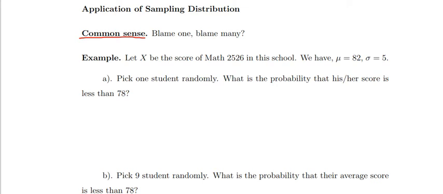Suppose we let X be the exam score for Math 2526 in this school. We assume we have many Math 2526 students, and we know mu is 82, so the average for all people is 82, and sigma is 5. This is population information.